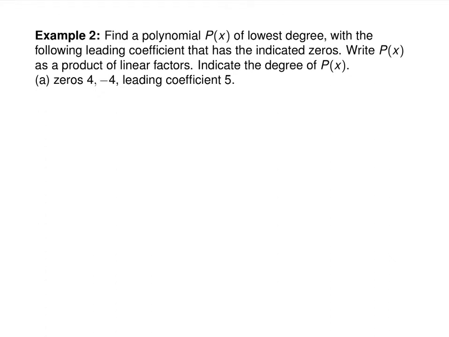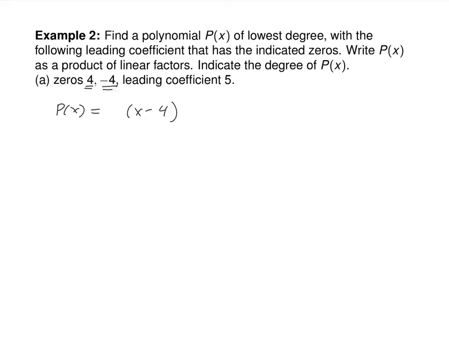So find a polynomial of lowest degree with the following leading coefficients that has the indicated zeros, and write p of x as a product of linear factors and tell me the degree. This has zeros at 4 and negative 4. If you have a zero at 4, what has to be a factor? You plug it in, you get 0, right? So you have to have x minus 4 as a factor.